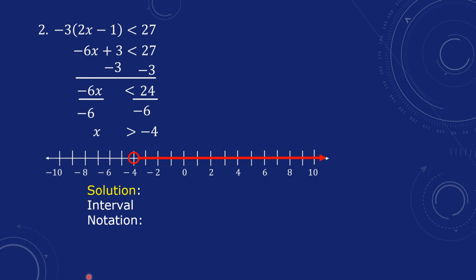The solution in interval notation is parenthesis, negative 4, comma, positive infinity, parenthesis. This parenthesis means that negative 4 is not a value of x. The parenthesis here is always used for positive infinity.